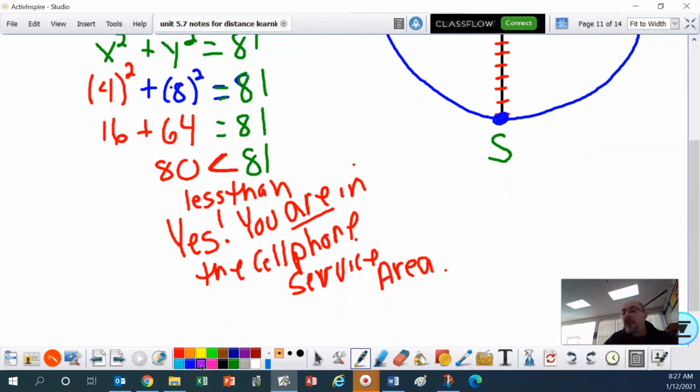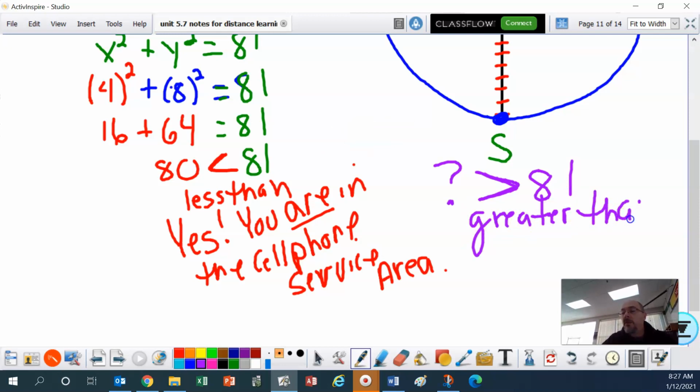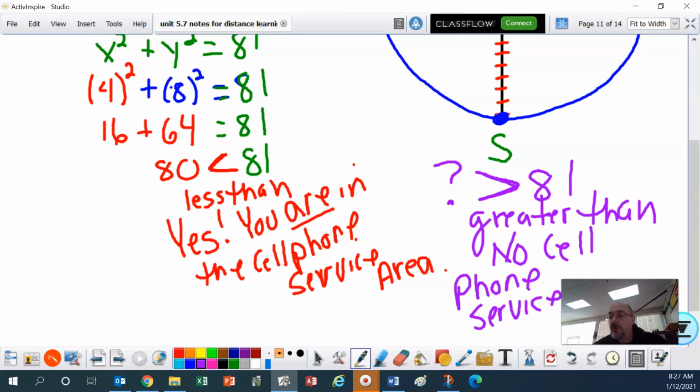If we get a greater than, so if this was greater than 81, then we would have to say there's no cell phone service. So less than, there is cell phone service. You're in that range for that cell phone tower. Greater than whatever your r squared is, then there would be no cell phone service because you're outside the range of that cell phone tower.